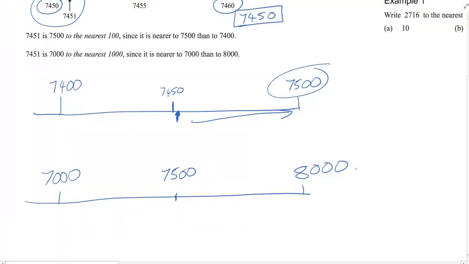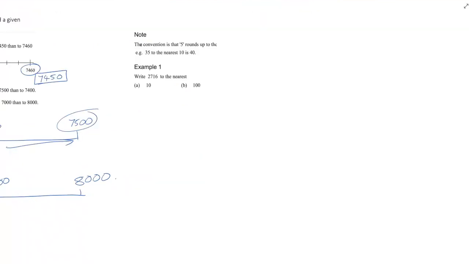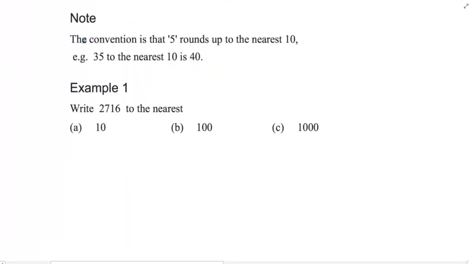So now considering 7451, well, that's going to be to the left of that middle marker, 7,500. So clearly then, 7451 is closer to 7,000. So 7,000 is going to be the answer in this case if we were to round it to the nearest 1,000.